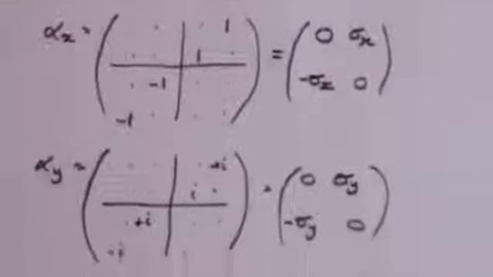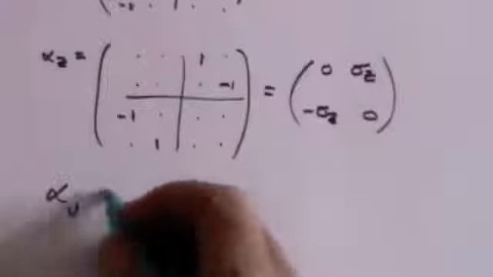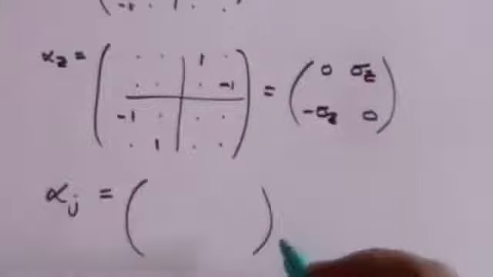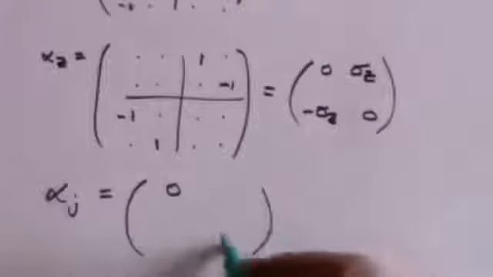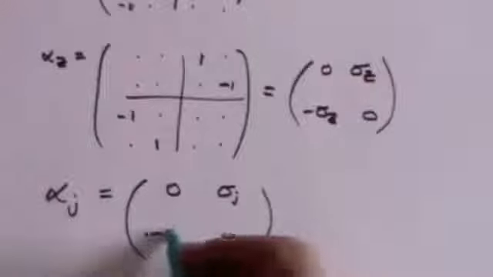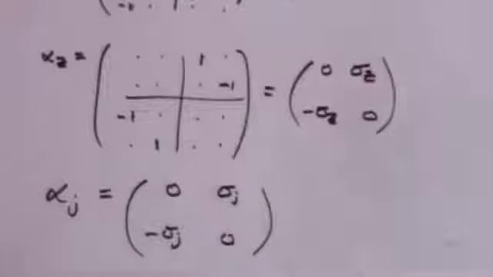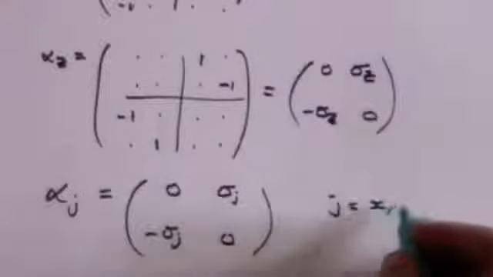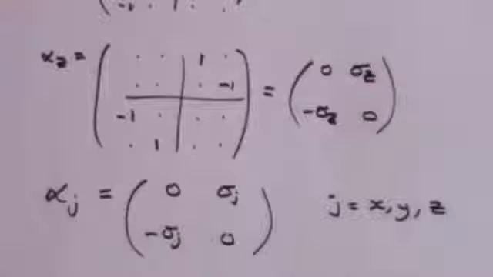So you can see the pattern for alpha x, alpha y, and alpha z, that alpha j, if you like, can be represented as 0 and 0, and then here you'll just use sigma j and minus sigma j, where j can equal x or y or z.